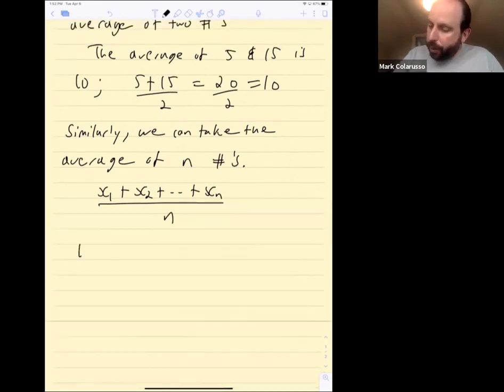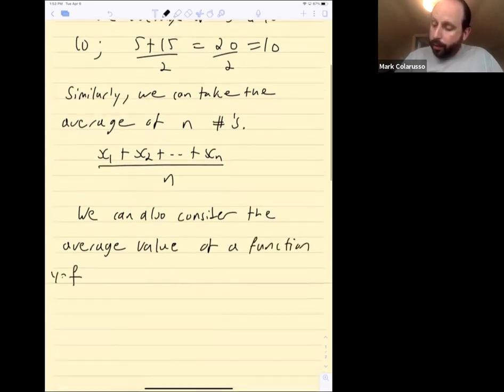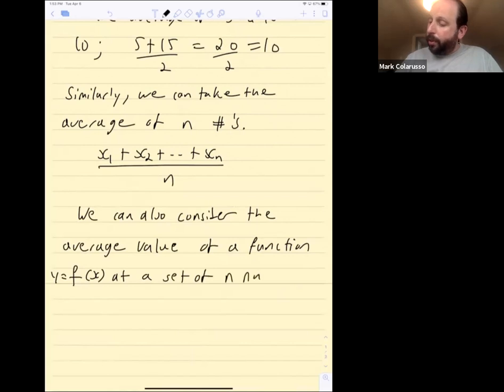So we can also consider the average value of a function f, y equals f of x, at a set of n numbers.